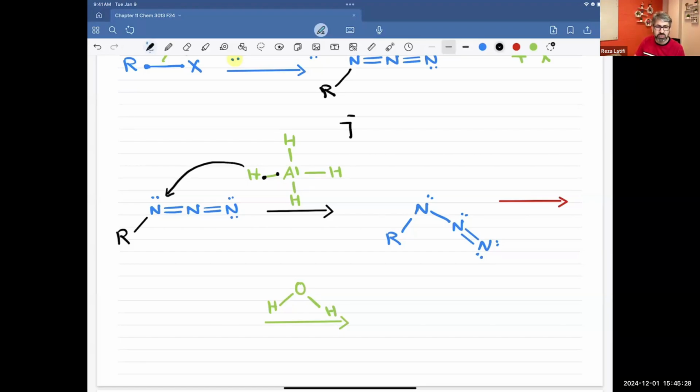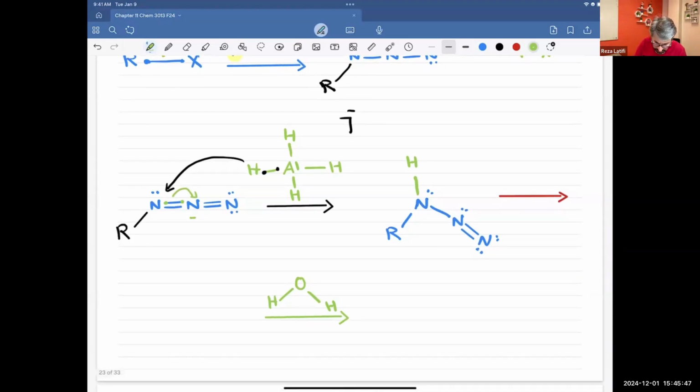If we give hydride to that nitrogen, we will have hydrogen here attached to nitrogen. Now, what will happen with these 2 electrons? Those 2 electrons will move to this nitrogen. We used to have a positive charge there, and now we have a lone pair on this nitrogen. So from positive, we turn it into nitrogen with a lone pair.